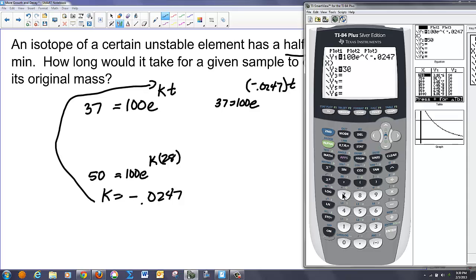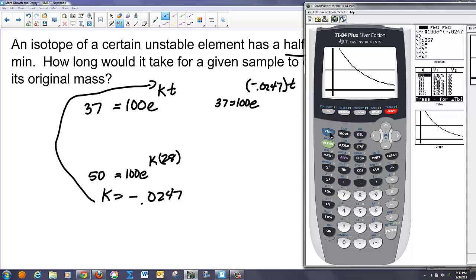So let's put 37 there. And then we're going to graph this. Now, I've done a little pre-checking, and my x goes from negative 10 to 100, and my y goes from negative 10 to 75 because I know I'm going to have to see at least 37. So I graph that. Setting your window is going to be the hardest part, and we get this picture.